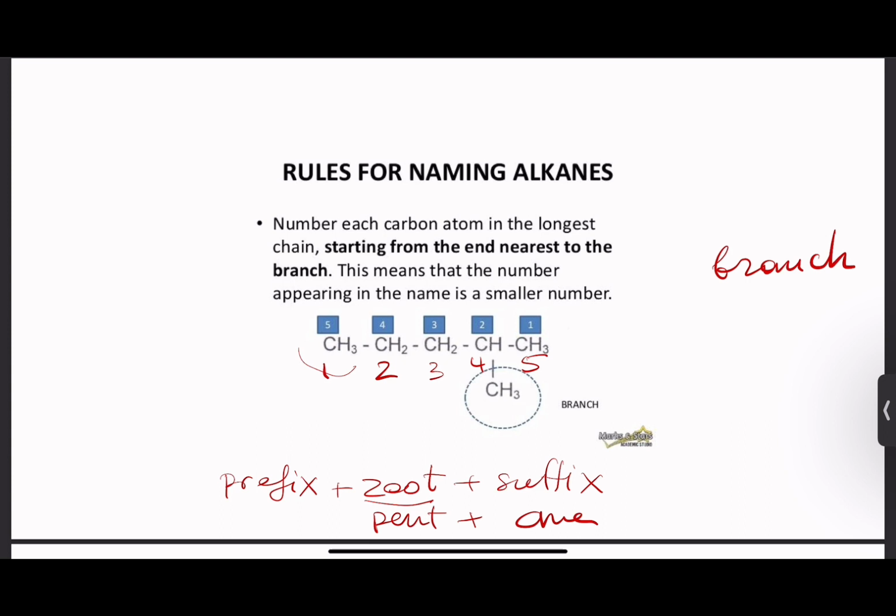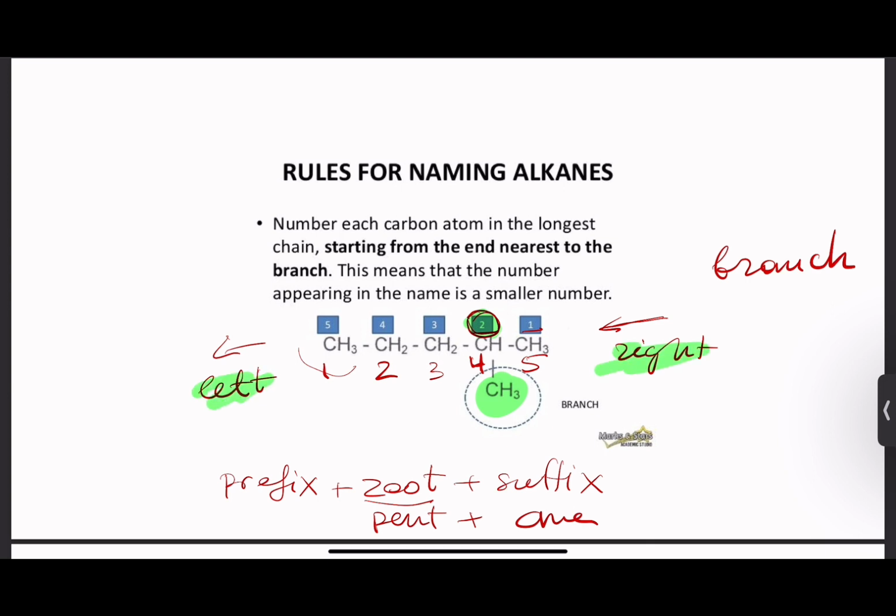And if you look, my methyl branch is here. So if I start numbering from left to right, my branch will be located on carbon 4. But if I do it from right to left, as given in here, 1, 2, 3, 4, 5, it will be located on the second carbon. So because numbering from right to left gives me the lowest number, like 2 instead of 4, I'm going to go with numbering from right to left.